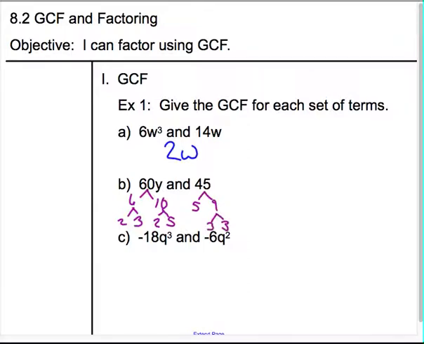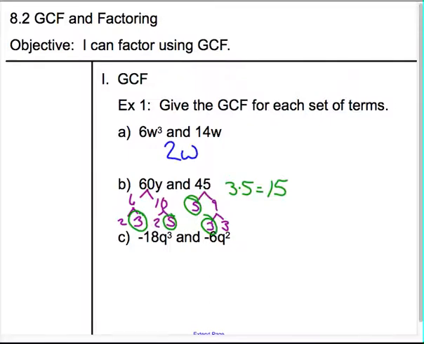So looking at what is in both trees, I see a 3 and I see a 5. So what you do is you multiply those together, not all 4 of them, just the numbers from one tree. So we've got 3 times 5, or 15, for the GCF of 60 and 45. And since our 60 has a y and our 45 does not, y does not go into both terms, so our GCF is just 15.